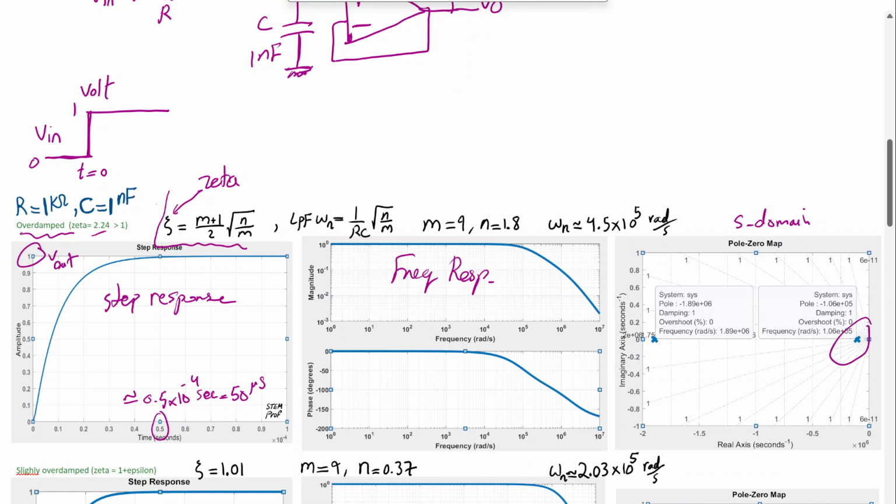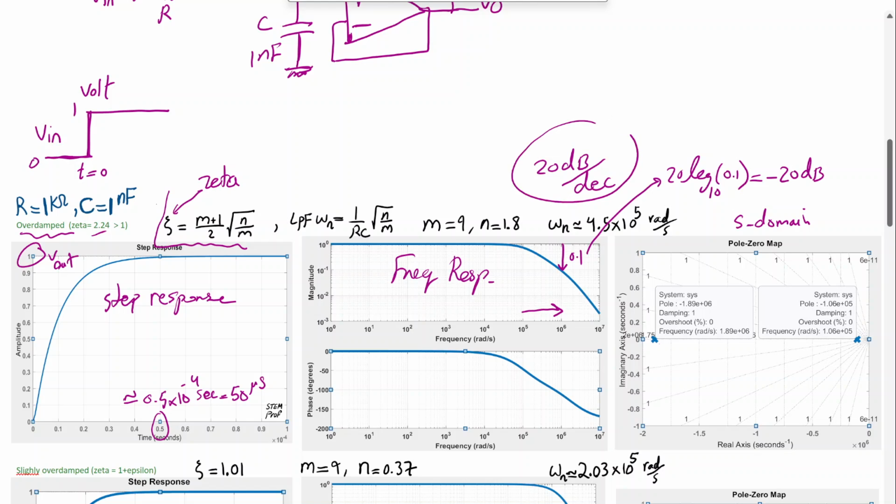We know that for every pole, ultimately we have to get a 20 dB drop in magnitude response per decade, which means per 10 times increase of frequency. So initially you can see from 10 to the 5 radian per second to 10 to the 6 radian per second, as we increase frequency 10 times, the magnitude drops by 0.1, which is 20 log base 10 of 0.1, negative 20 dB.